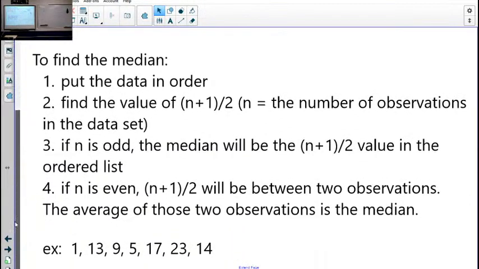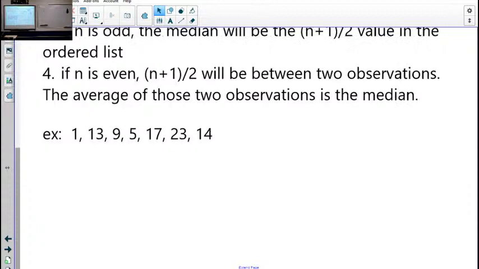Let me just show you. It's easier to show you than to talk about these steps. 1, 13, 9, 5, 17, 23, 14. Right? First thing we're going to do is put these in order. Work ahead of me and see if you can get the same answer that I do if you are confident.